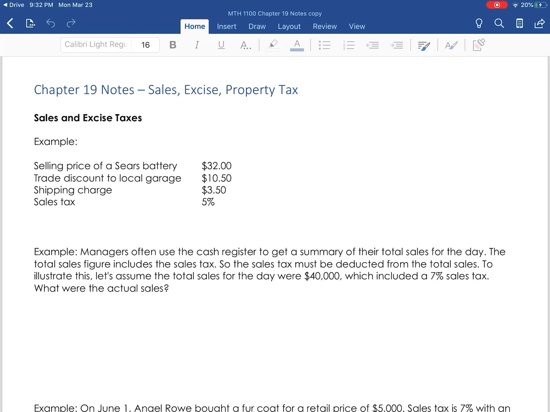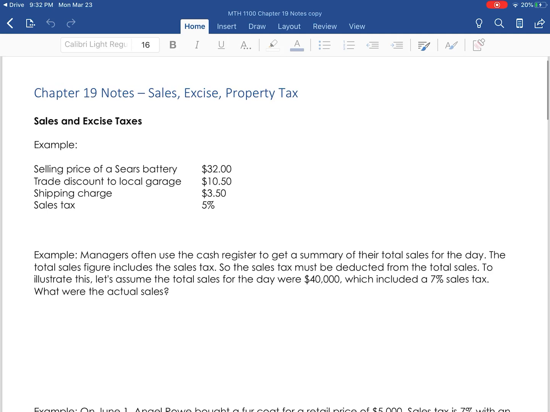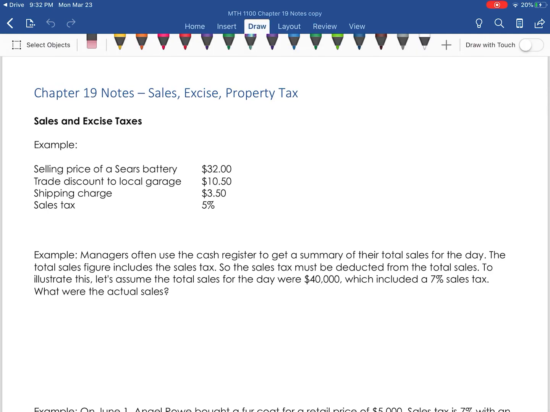So the first thing we want to do is subtract off the trade discount. When we take 32 minus 10.50, that's going to give us $21.50. And that's the taxable amount.